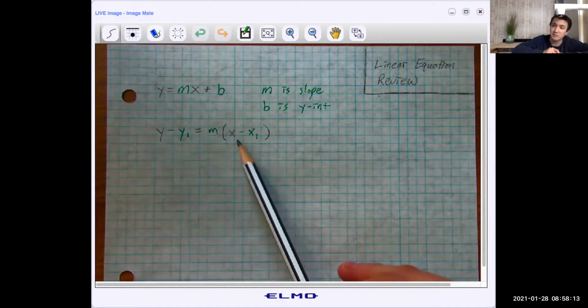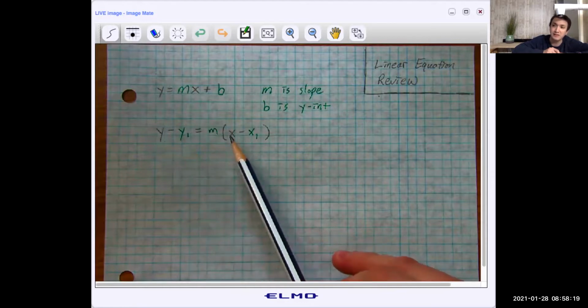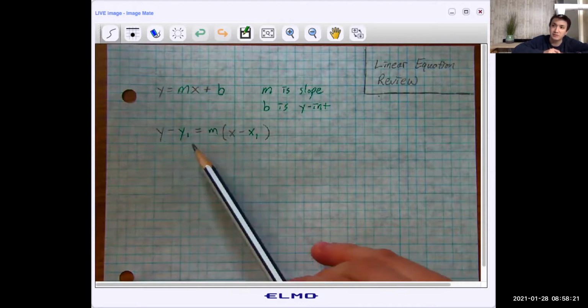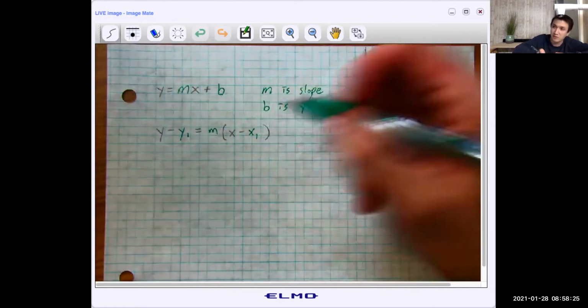That's one mistake people were making on their quizzes. They were leaving numbers in there. It's fine, you can plug numbers in, but you don't leave them in. The only numbers you leave in are these. So m is already the slope, we know that.